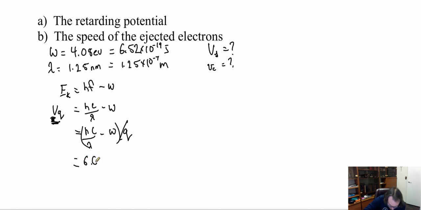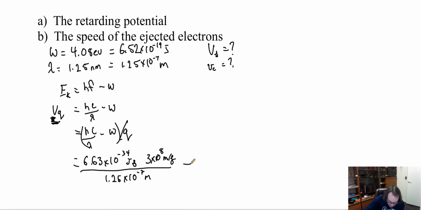6.63 times 10 to the negative 34 joule seconds multiplied by 3 times 10 to the 8 meters per second. And all of that's going to be divided by 1.25 times 10 to the negative 7 meters.